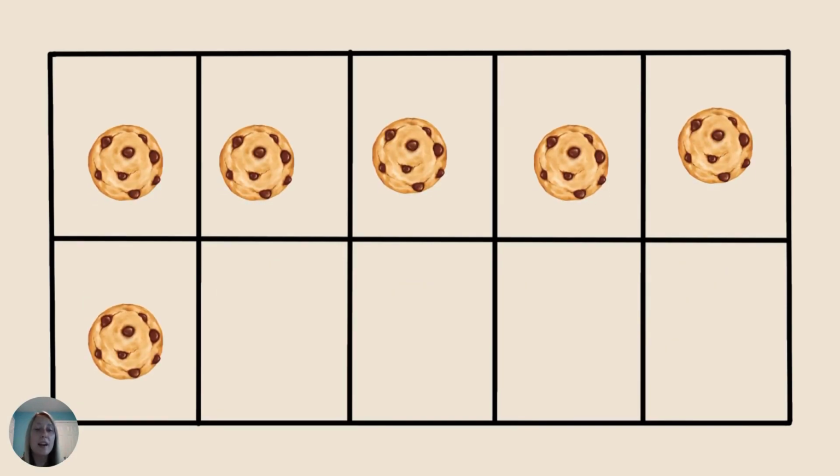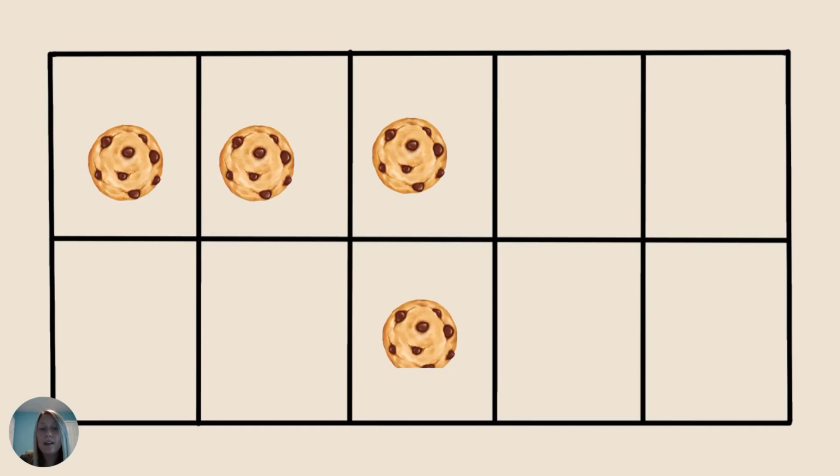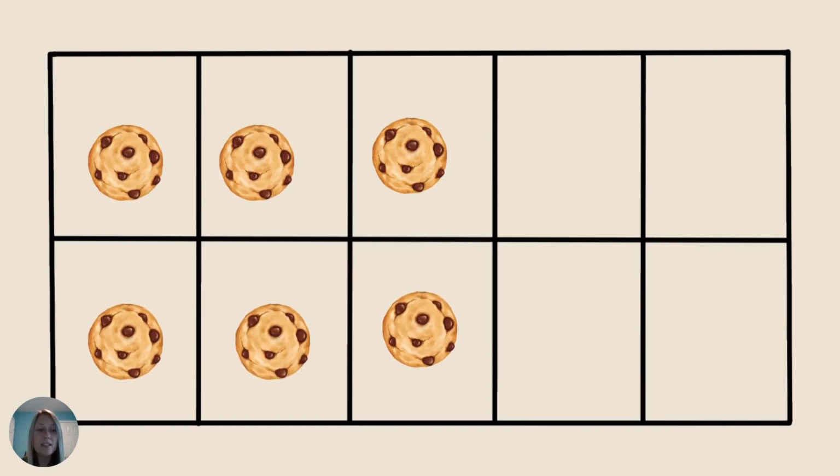So if we're looking at our cookies from earlier when our friends were having snack, how many cookies did they have? They had 6. So this is what 6 cookies would look like in our 10 frame, or it could also look like this. As long as there are 6 spaces filled in our 10 frame, we know that this 10 frame represents the number 6.